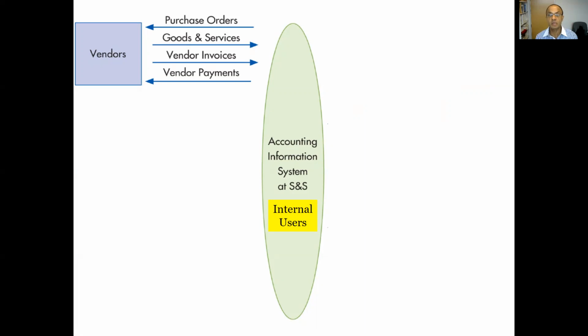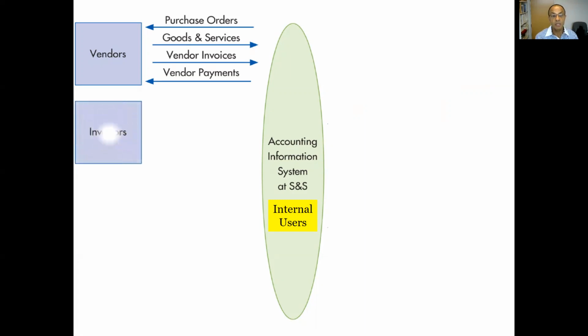Accordingly, the vendor will submit the goods or services along with the invoice, and then we send the payment to the vendor. So here we see some information going between the two parties, and some documents are also flowing between them. Our job in the accounting information system is to manage the information and the documents.